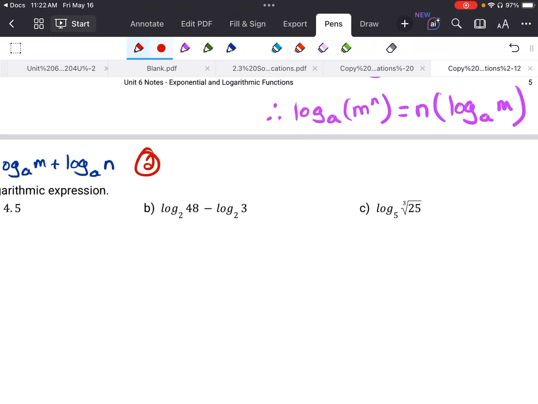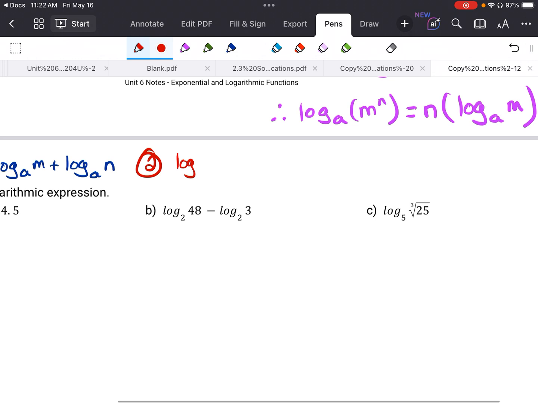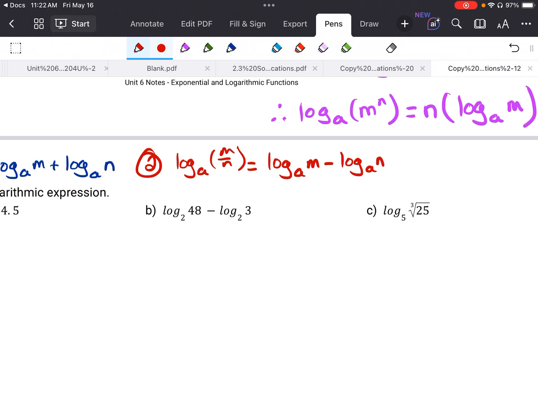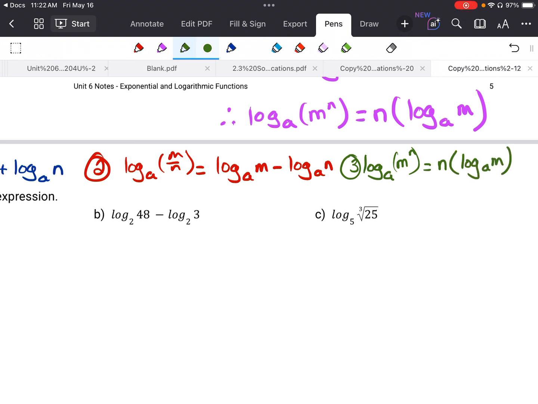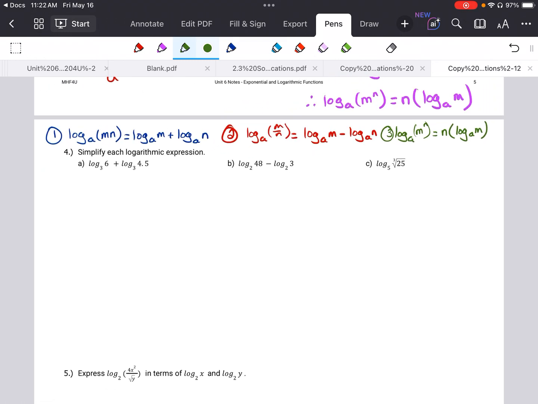Law 2: log a of m over n is equivalent to log a m minus log a n. And law 3: log a of m to the power n is n times log a m. Okay, so there's our three laws.